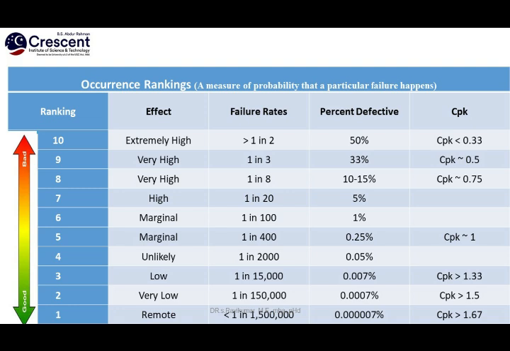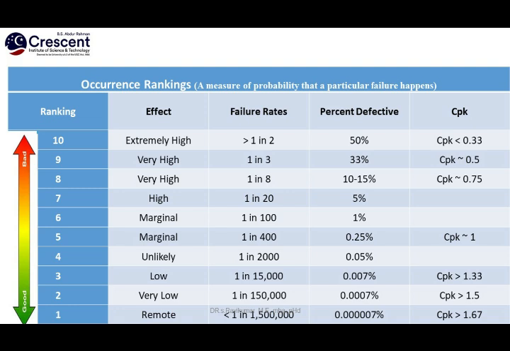So based on the CPK value also, you will be able to identify the occurrence ranking. If the CPK value is less than 0.33, then the chance of occurrence of that particular failure is extremely high. If it is greater than 1.67, then that particular failure won't occur regularly in that process.